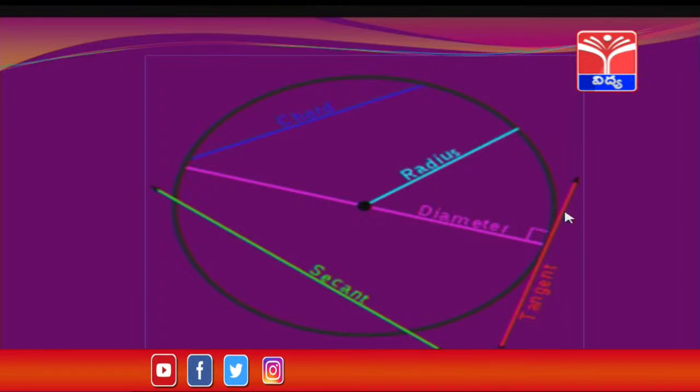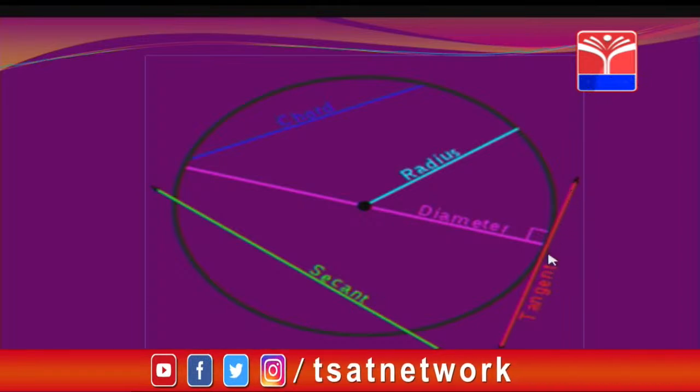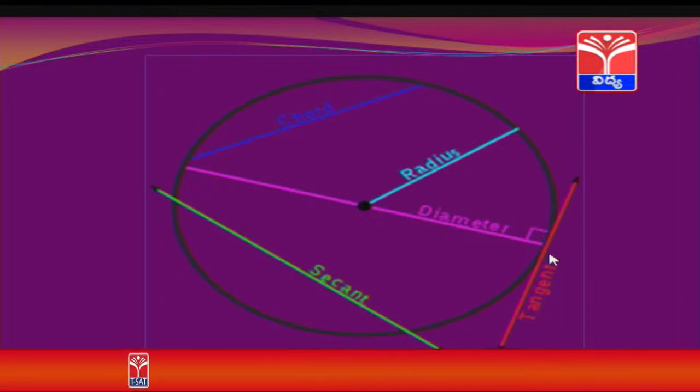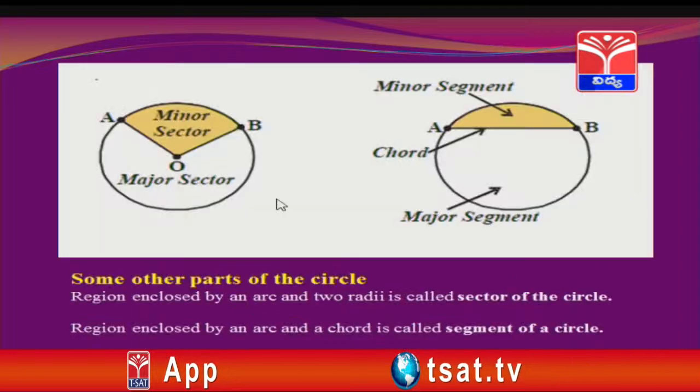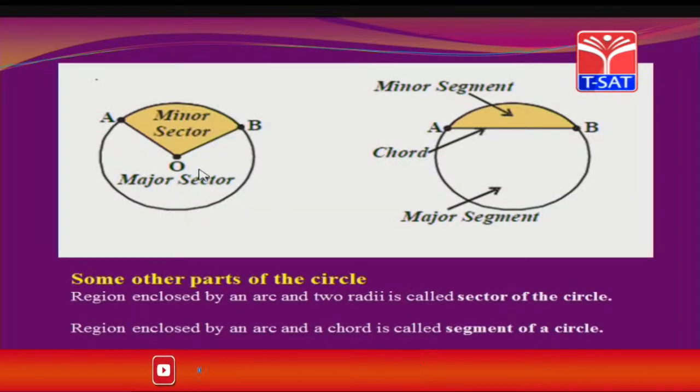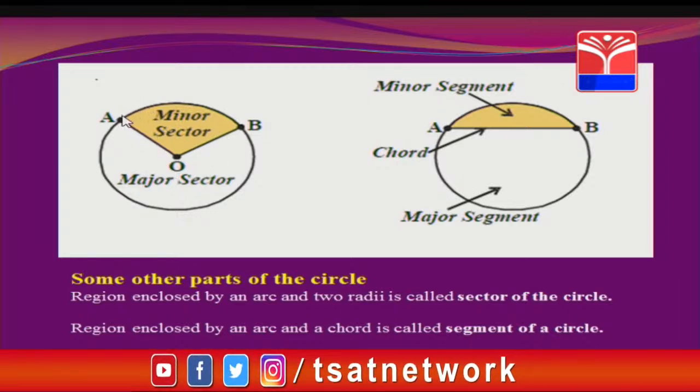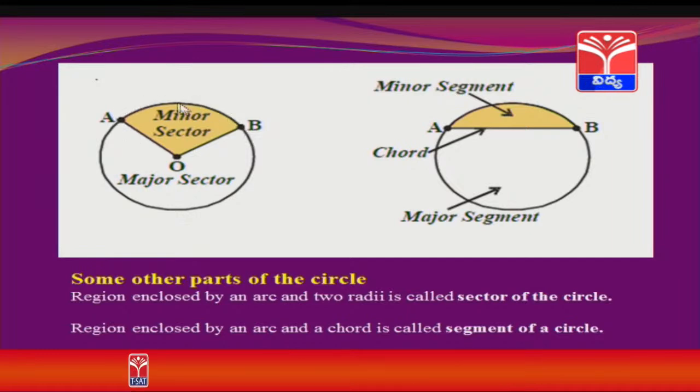Here you see one more line, a line which passes through a point on the circle, touching the circle at a particular point. That is called a tangent to a circle. Again you see here, OA is a radius and OB is a radius, and AB is a small arc, a minor arc.